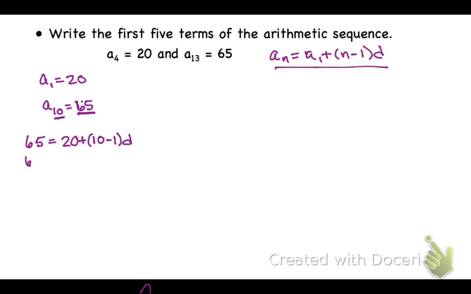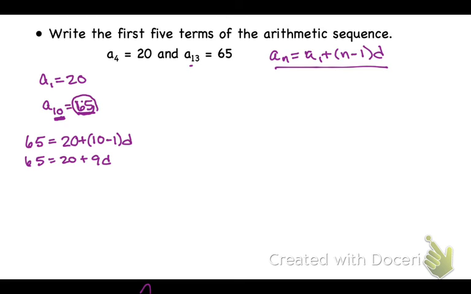Okay, so 65 equals 20 plus 9d. Why is n 10 again? A sub n is the answer, so that's 65, and the n is 10. Or how did I go from 13 to 10? I kicked a sub 4 back 3 to a sub 1, so you have to do it to the other.